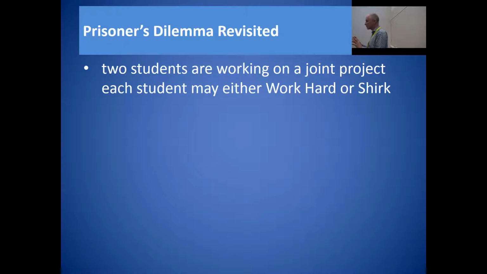Now, when we saw it previously, it was quite literally two prisoners choosing to deny or confess. But that doesn't make it a prisoner's dilemma. What makes it the prisoner's dilemma is the structure and the nature of the game.